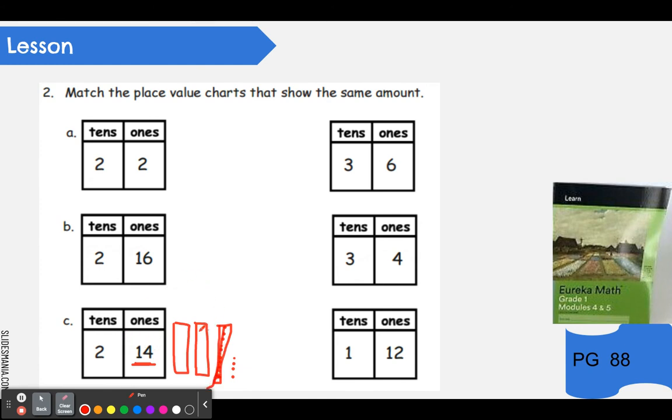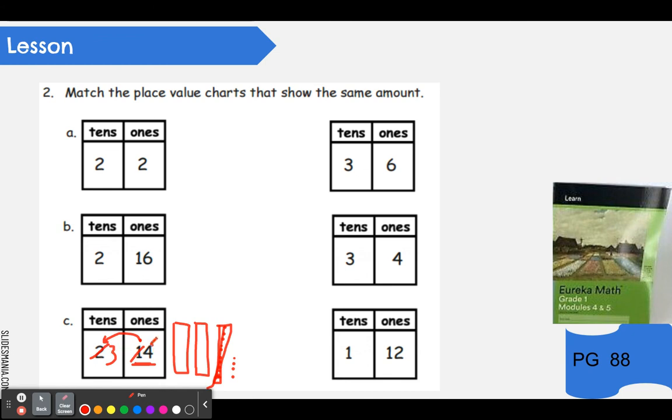So now I have this group and I move it to the tens place. So now I have 2 and 3. So I have 3 tens. Let's count 1, 2, 3 tens. And since I moved this one to the 3, I'm left with 1, 2, 3, 4.